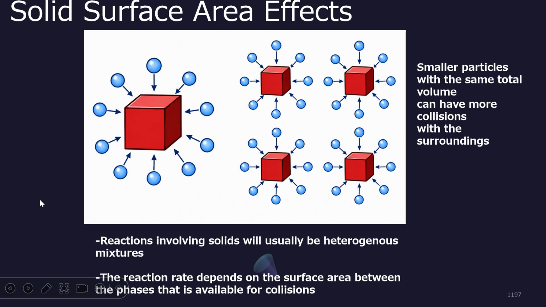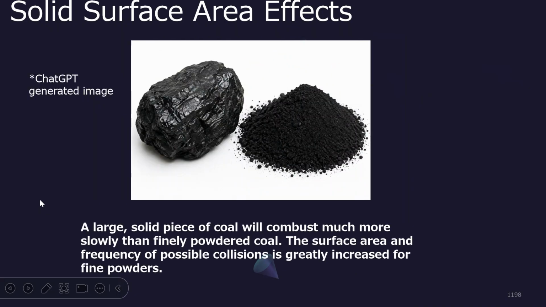Now, the reaction rate depends on the surface area between the phases that are available for collisions. So you can imagine a real thing now, a chunk of coal that maybe you're going to burn in a reactor or an oven or an engine for fuel. If you just have a big chunk of coal, it's not going to burn as quickly. The rate of combustion will not be as high.